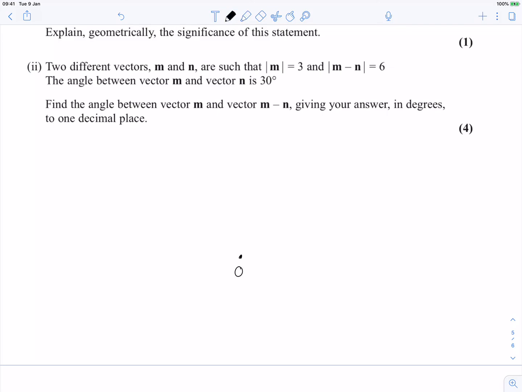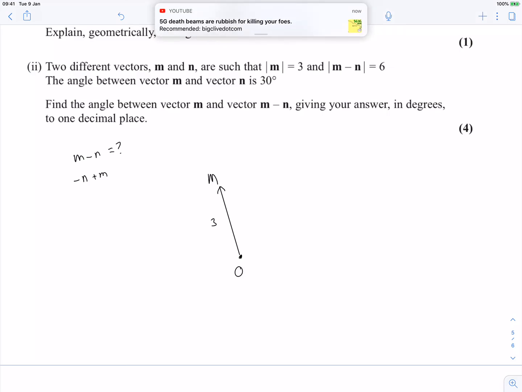Let's say I've got an origin like so. And let's say I'm going to m, there it is, like that. And there is m, and that's of length 3. Now, what would m minus n even look like? Well, that would be the same, would it not, as minus n plus m.